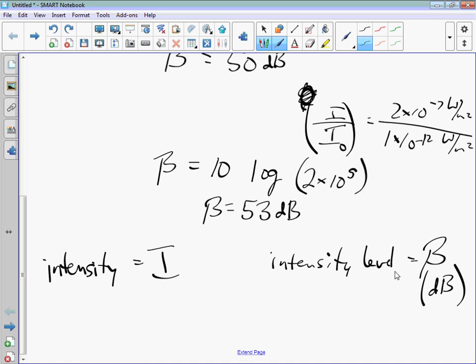That's our logarithmic scale. Intensity is just in watts per meter squared. Intensities are hard to understand conceptually for us just because they're in negative exponents. So often we convert these to intensity level, to decibels, to make it easier for us to understand.